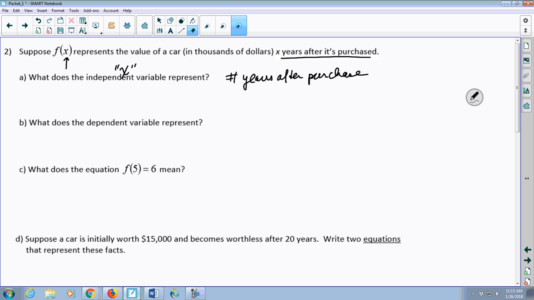And the dependent variable is the notation that we refer to as f of x. This represents the output value, or your dependent variable, because this function depends on x.